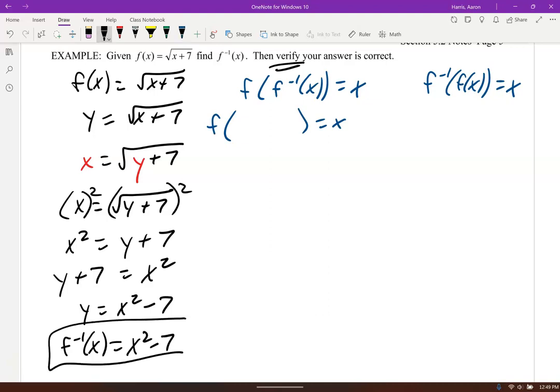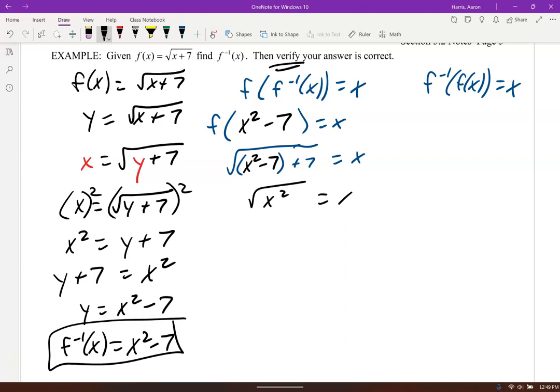Well, f inverse is that x squared minus 7, and that goes into f. Remember, f is square root of x plus 7. That's what f is. The f inverse is going in. Well, x squared minus 7 plus 7 is just x squared. So we have square root of x squared. And that one works. So far, so good.